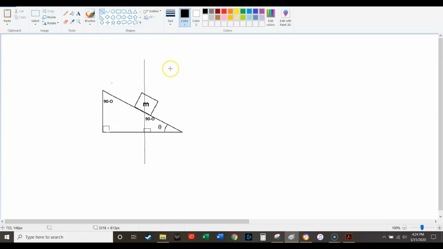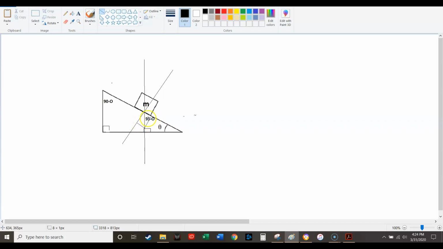Now what I'm going to do is draw another line right through this segment right here. And this line is going to be perpendicular to the surface at this point. Okay? And that means that this whole area right here is going to be 90 degrees. But we know this part of the angle is 90 minus theta, and this entire area is 90 degrees.